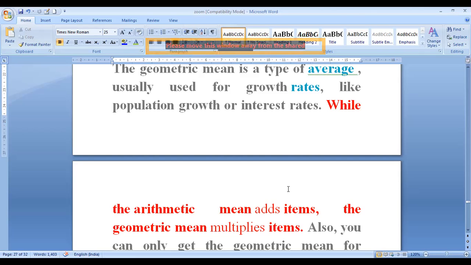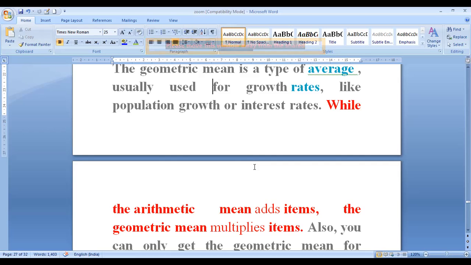For example, if your mass is 10 and your friend's mass is 15, the average mass in the arithmetic mean is 10 plus 15, that is, we add. But in the geometric mean, we multiply the items, that is 10 into 15, and after that we get the average value. So that is the difference between the arithmetic mean and geometric mean.